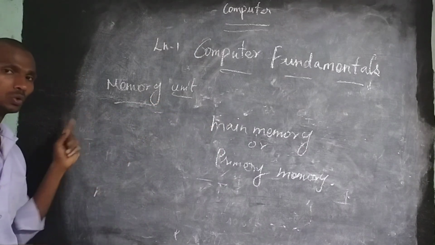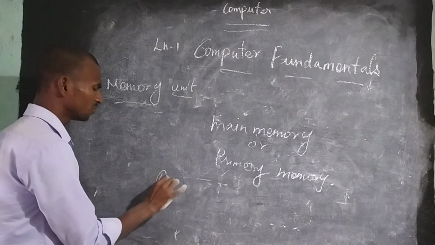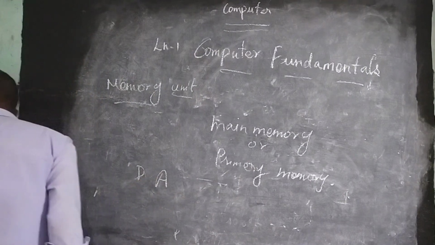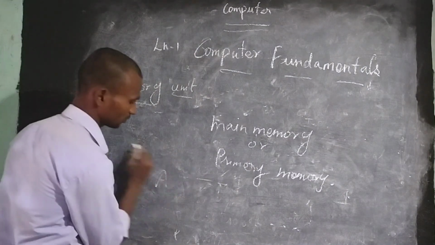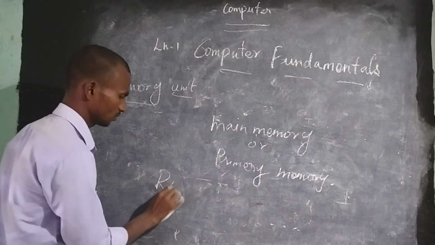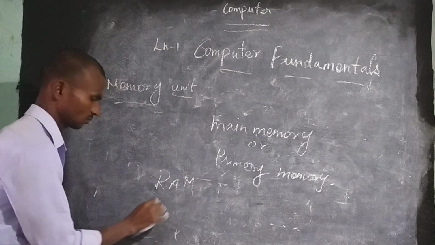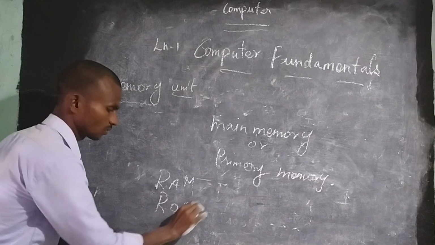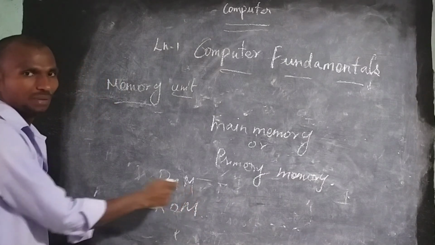So it has 2 types. One is RAM, Random Access Memory.